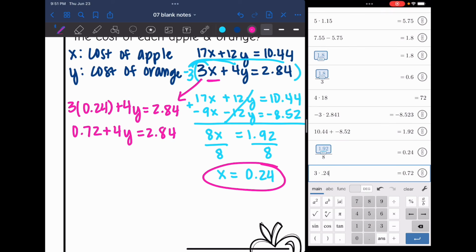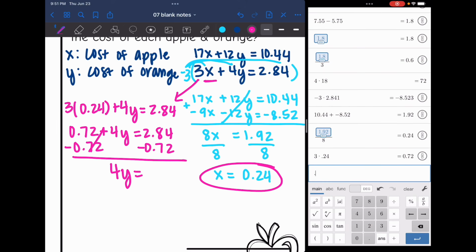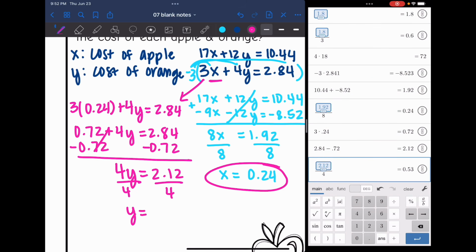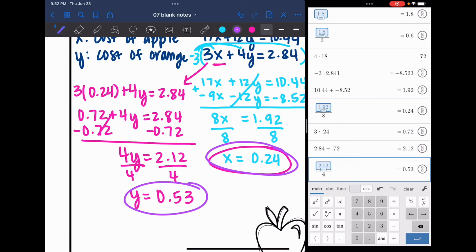And then I'm going to subtract 0.72, and I get 4y equals 2.12. And then divide by 4, and we get y equals 53 cents. So I have the cost of an apple, it was 24 cents, and the cost of an orange, it was 53 cents.